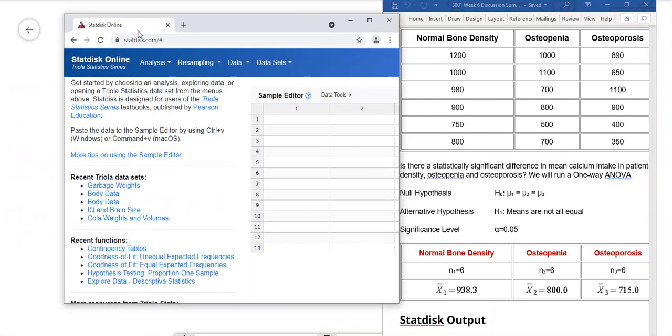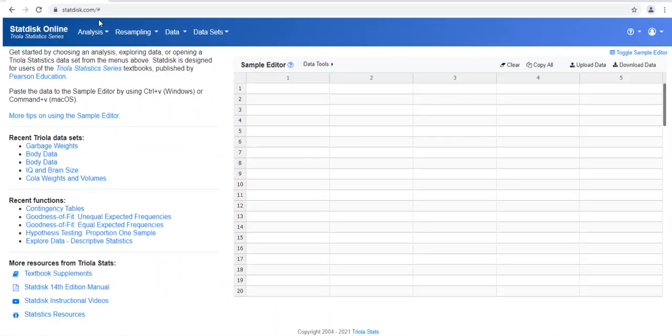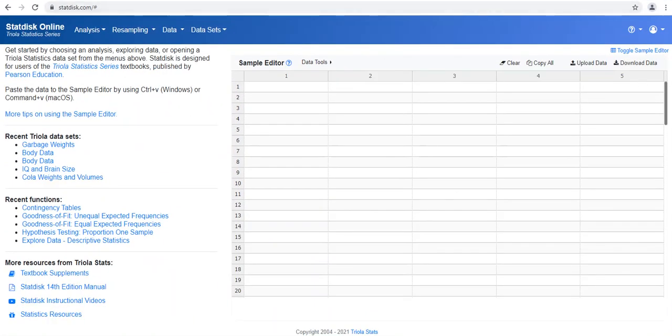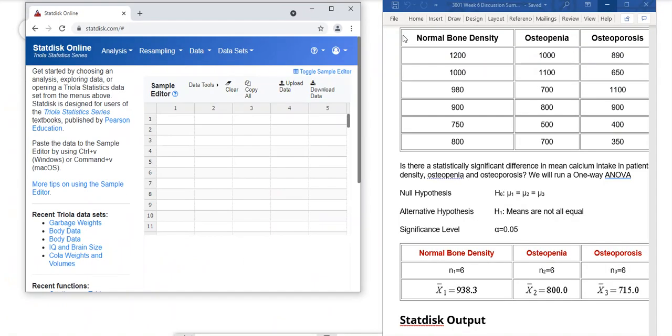And I'll get StatDisk over here online. We need 3 groups. And again, this information would go in here, right?